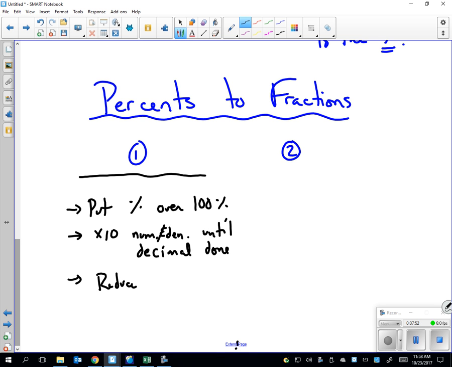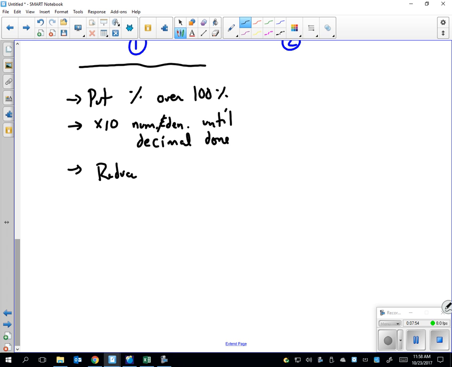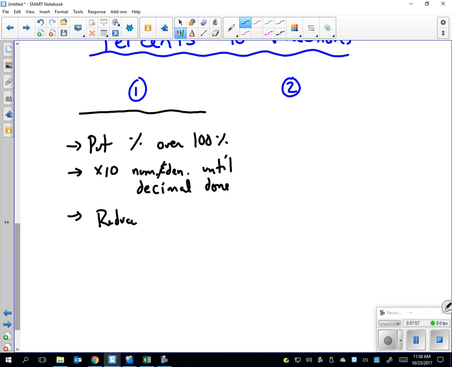What about the quick, easy way of... Actually, this is the quick, easy way, and it's not that easy. But the other way of looking at it is, if I were to turn it into a decimal, then put it over 1. So now I'm doing the backwards. I'm going to decimal and then back up to percent. Okay?